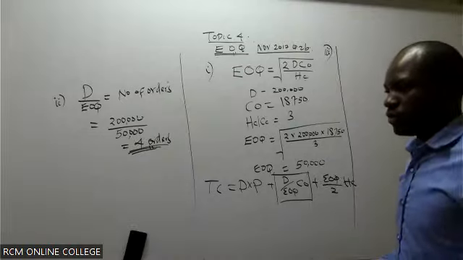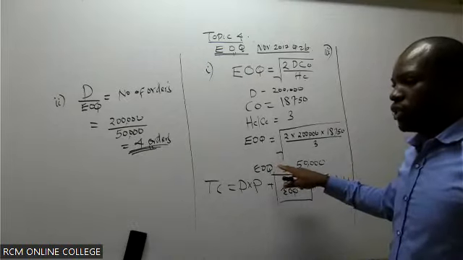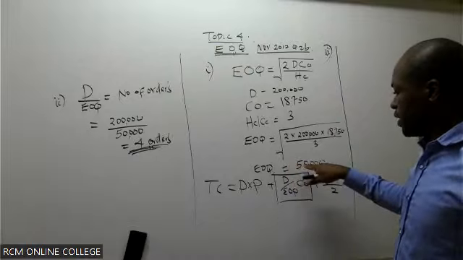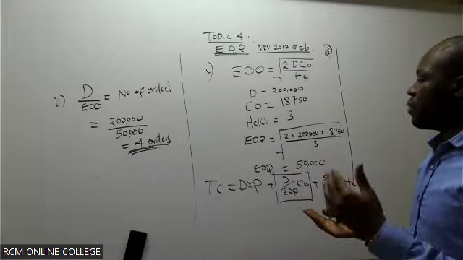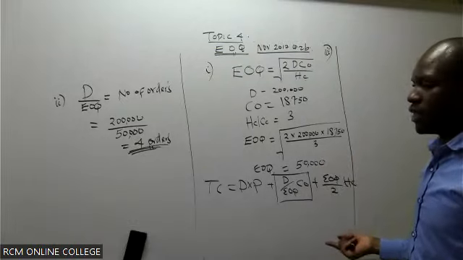What do they want us to do? They have decided to increase the economic order quantity from 50,000 to 100,000. So compare that and tell us, why is it not advisable to increase it from 50,000 to 100,000?